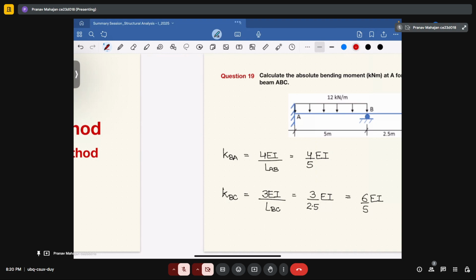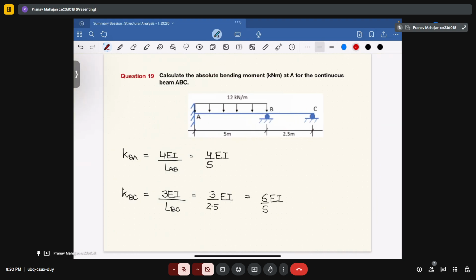In this case, you are provided with a continuous beam which has a fixed support at end A, and at B and C it has roller supports. Then you will calculate the stiffness due to BA and the stiffness due to BC.